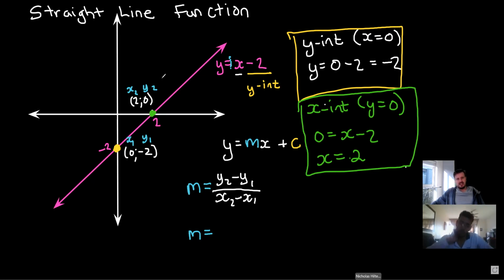You can do this with any 2 points, as long as 1 and 1 go together and 2 and 2 go together. So it's 0 minus 2 over 2 minus 0, which is positive 2 over 2, which is 1, and that confirms this. So that's a straight line function.